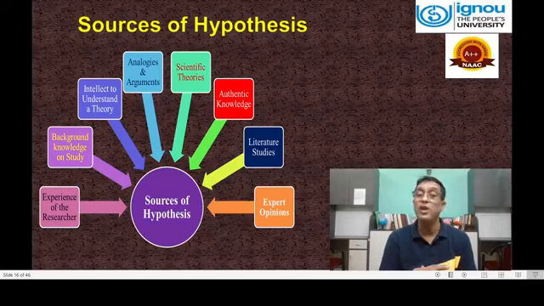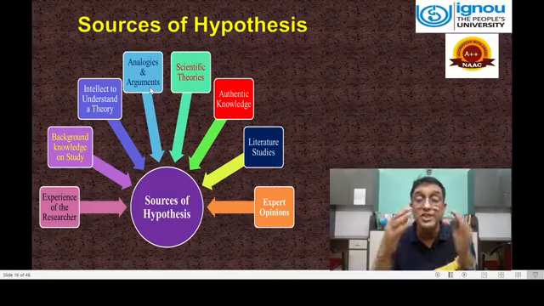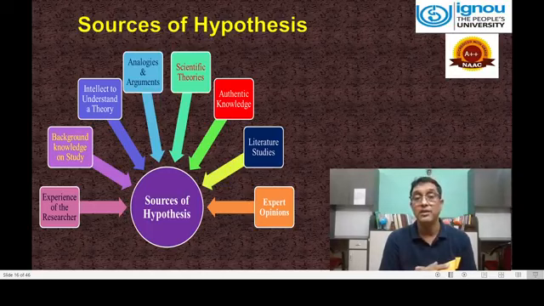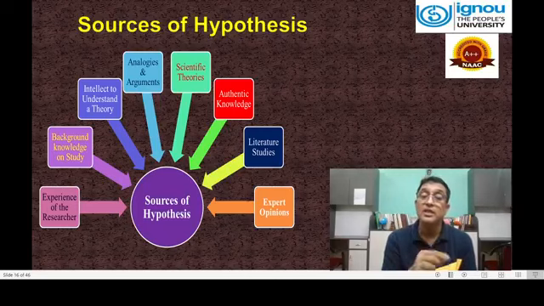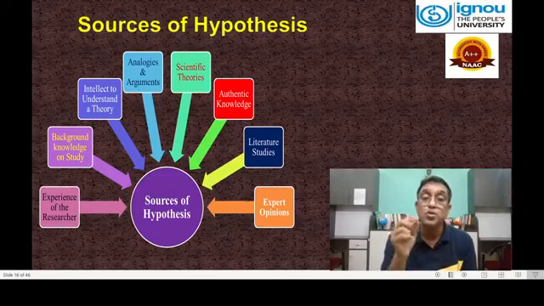So that will also help you for stating a good hypothesis. Then analogies and argument, the reasoning part, you can say the logic and reasoning about certain aspects. So the analogies and the arguments basing upon the logic also further help you for stating hypothesis. That is also another source of hypothesis.